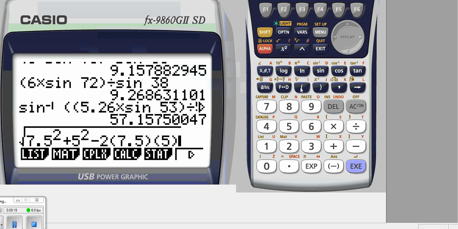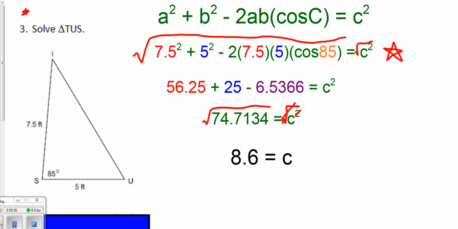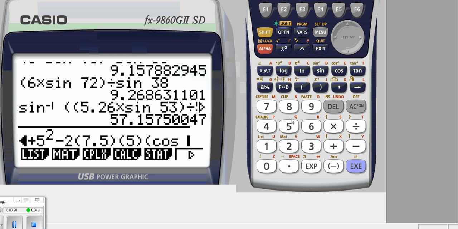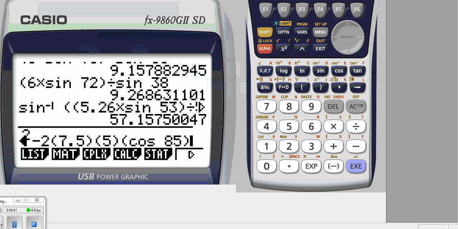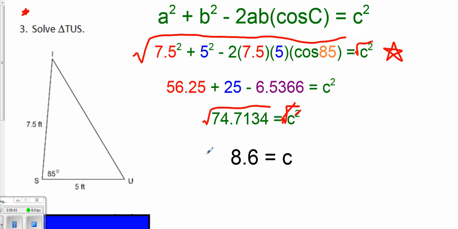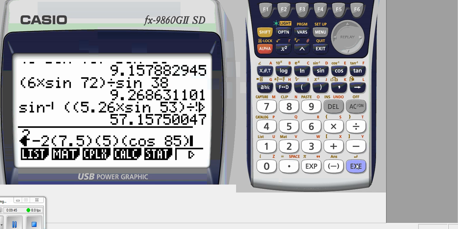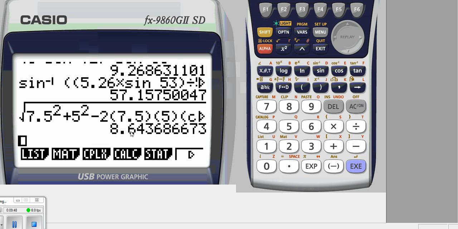So this is our way of telling it, multiply these things. So 2 times 7.5 times 5 times the cosine of, I just want to double check, it was 85. So what we have here, all of this together, is exactly what our equation said. Now in the end, when we solved it out, we got 8.6. According to the calculator, if we solve that out, 8.64368 and so on. So again, it would still round to 8.6.